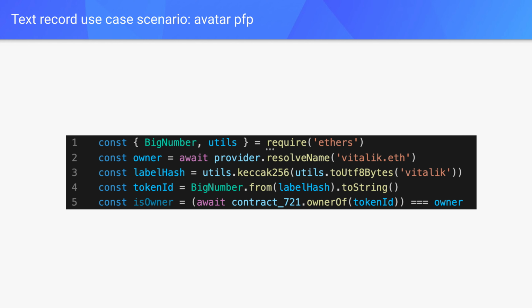And if you try to do that by yourself, it's going to be a bit like this. First on line 2, you do provider.resolveName, and then you do vitalik.is or matoku.is. The important thing is ownership.